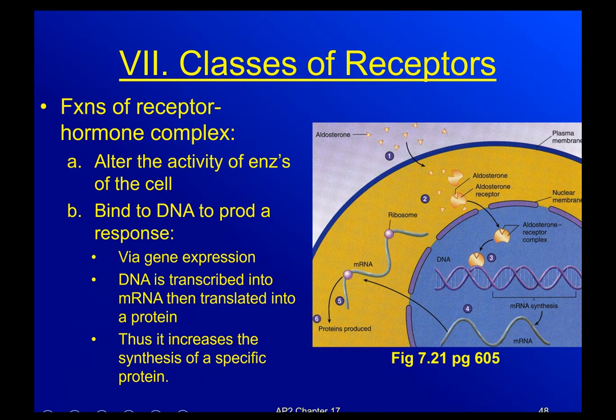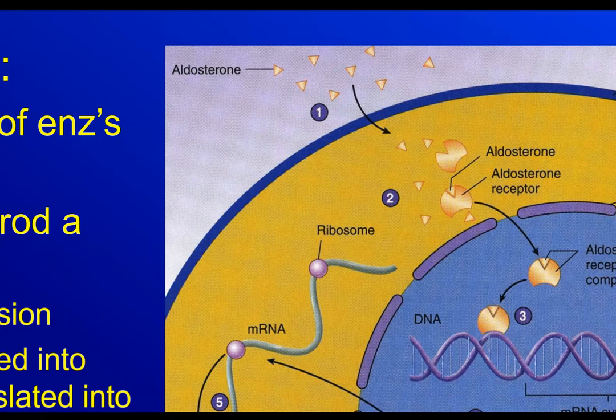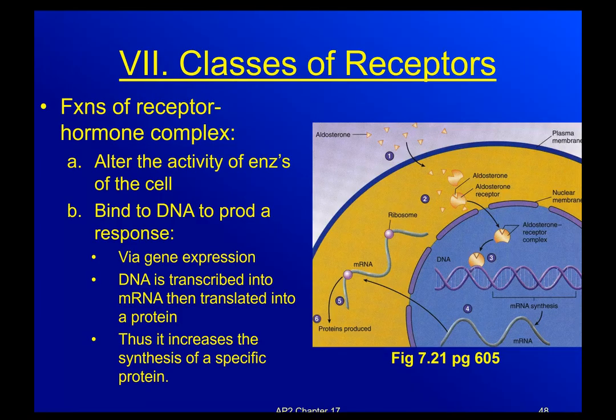So what do these do? What is the function of this hormone receptor complex? Meaning here's my receptor and the hormone is bound to it. Well, they can alter enzyme activity inside the cell. As a unit, they can go and alter how an enzyme is working, whether it's working or whether it stops working.